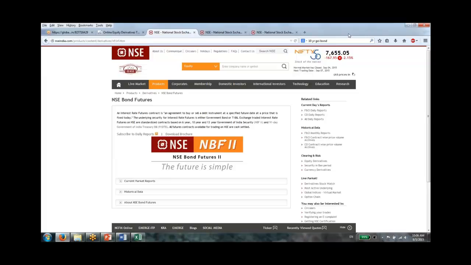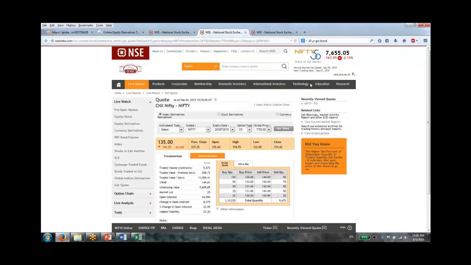That's essentially why you're buying a share. But you are concerned that the share price might fall below a certain level. Let me give you an example. Let's say we have stock derivatives. We take stock options, and we take, say, Reliance.